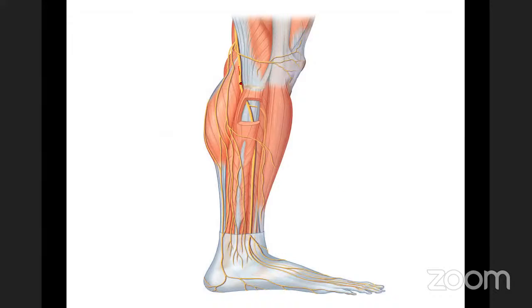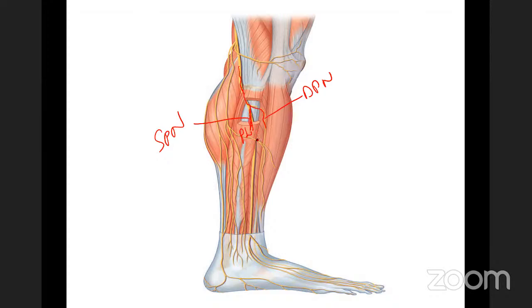This is the common peroneal nerve. At the neck of the fibula laterally it divides into the superficial peroneal nerve and the deep peroneal nerve. So this is the superficial peroneal nerve. It enters the lateral compartment and passes in between the muscles peroneus longus and brevis.